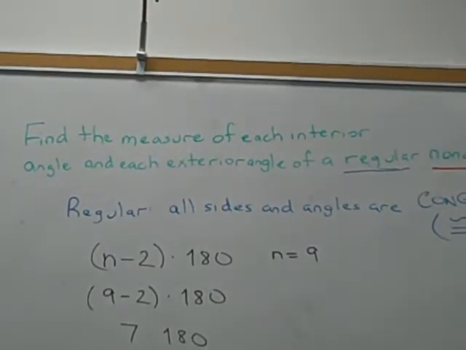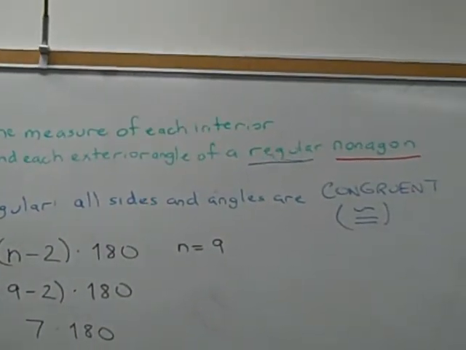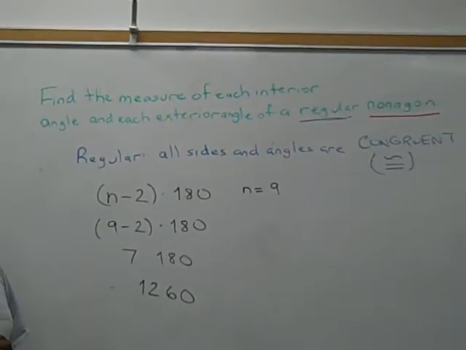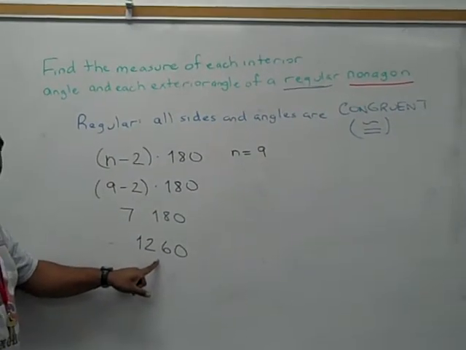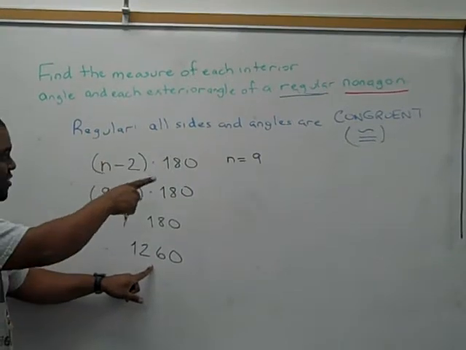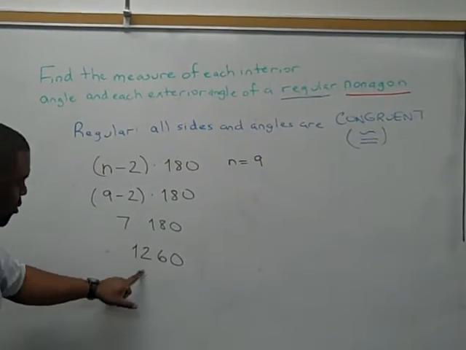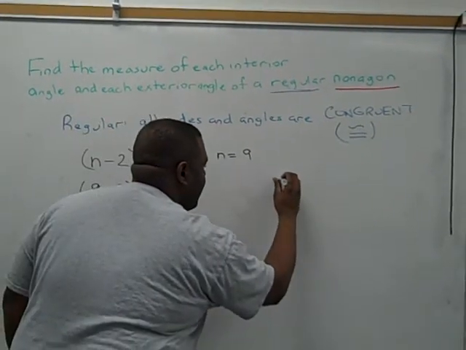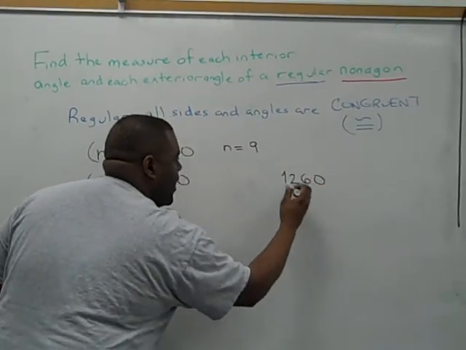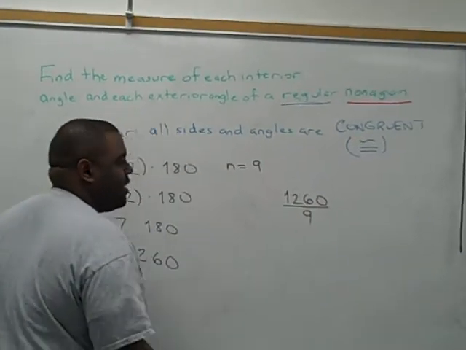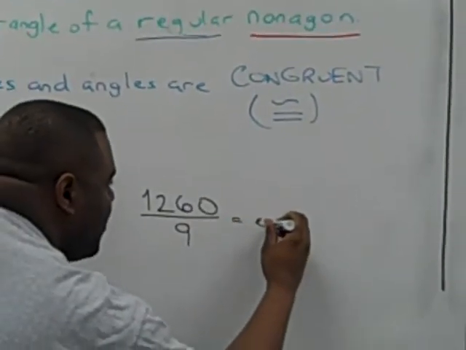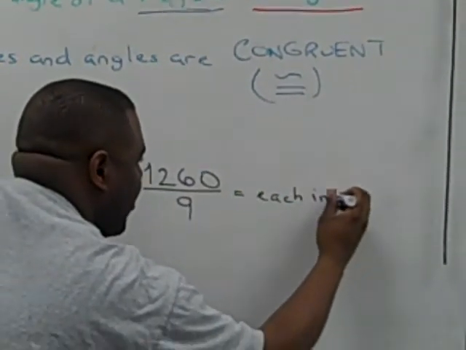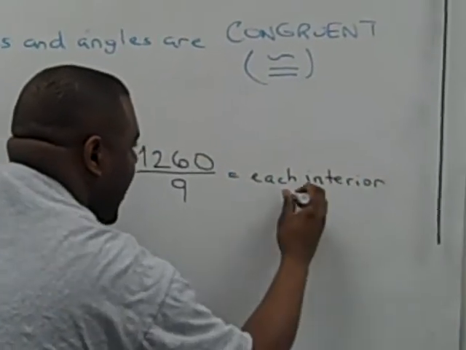So if I have to find each, what do you suppose I have to do? Yes, you have to take this number and divide by the number of sides, which is 9. So we're going to take this 1260 and divide it by 9. And that will give us each interior angle.